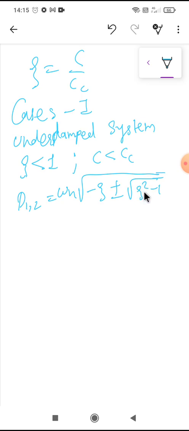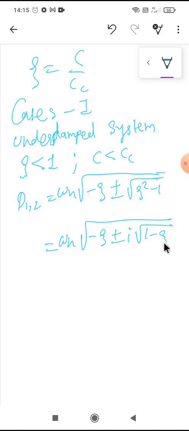So to make this positive, we take the complex number out of the equation. What we'll get is minus zeta plus or minus i under root, and if we change the sign, that is 1 minus zeta square. We have taken minus 1 as common to make this positive.